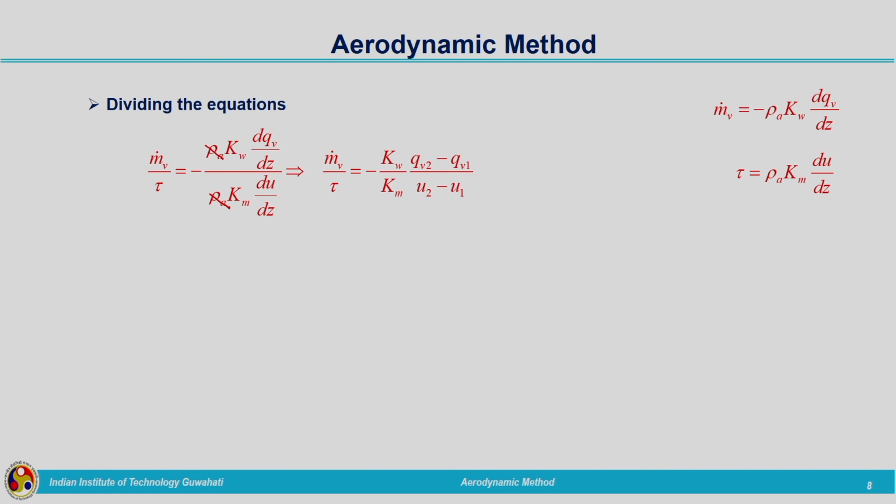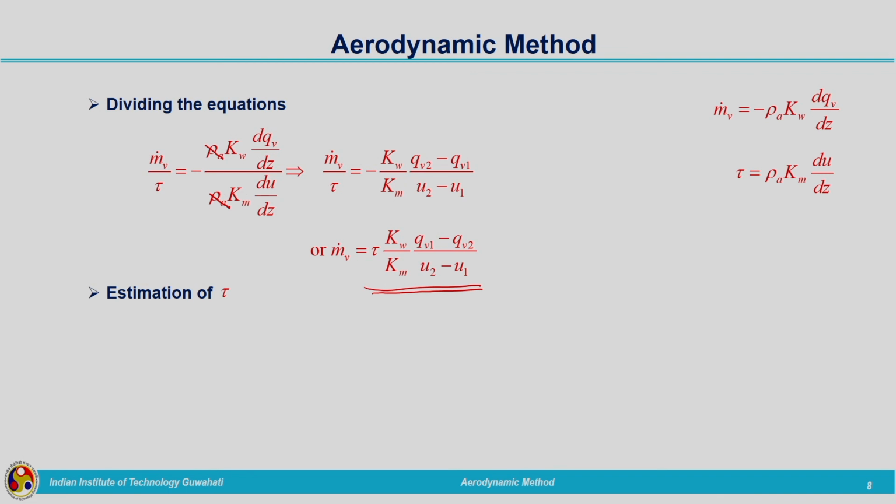Mv dot divided by tau is given by minus kw by km times qv2 minus qv1 divided by u2 minus u1, or mv dot is given by tau, taking it to the right hand side, tau multiplied by kw divided by km times qv1 minus qv2 divided by u2 minus u1.